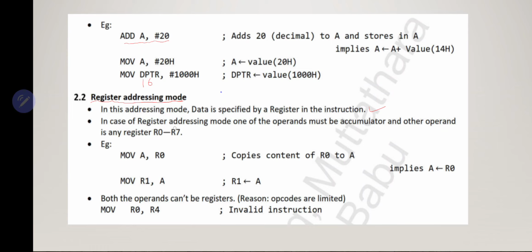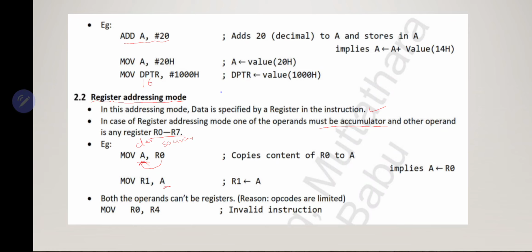In register addressing mode, one of the operands must be the accumulator and the other operand must be any of R0 to R7. So we are using two registers, and one register should be the accumulator. One is the destination and the other is the source, and the data moves from source to destination.